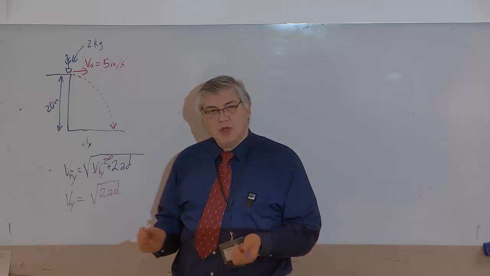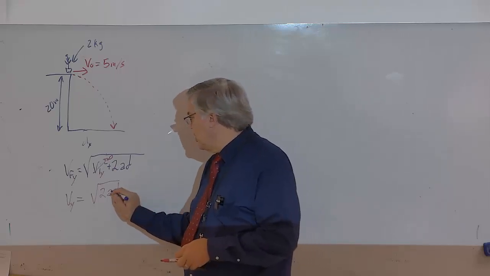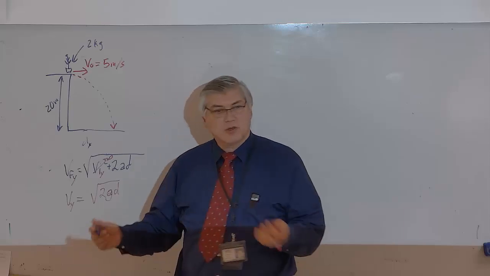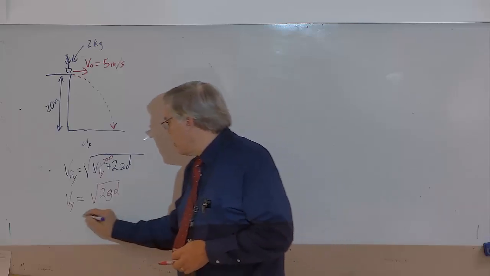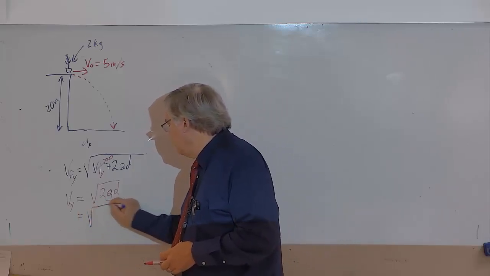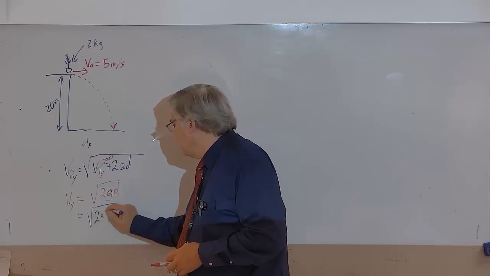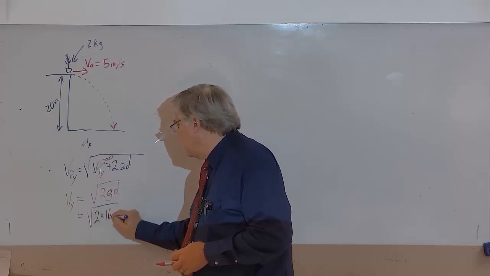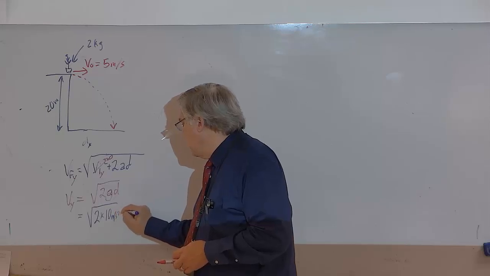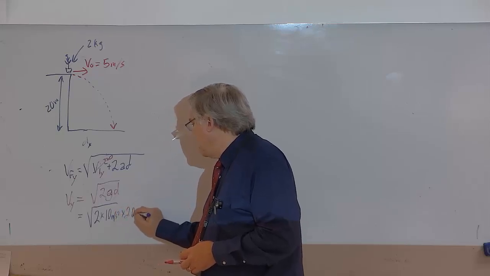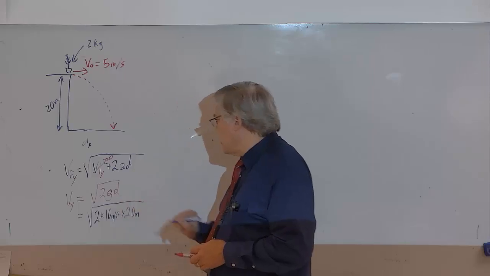And we can substitute in G for A, because it's gravity that's making it accelerate in the downward direction. So we end up with the square root of 2 times 9.8, I'll just call it 10 meters per second squared, times 20 meters, which is the height of my ledge right there.